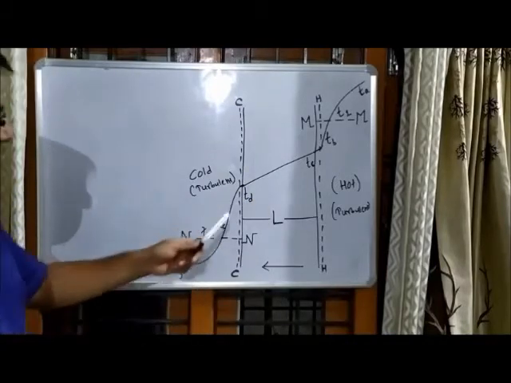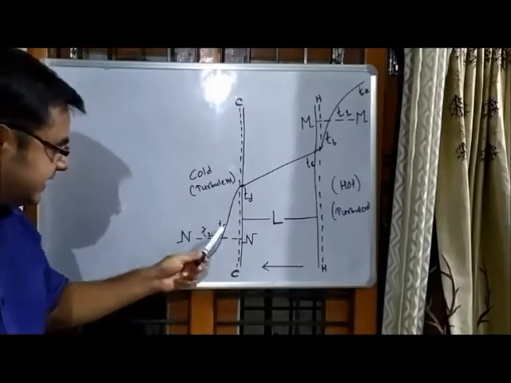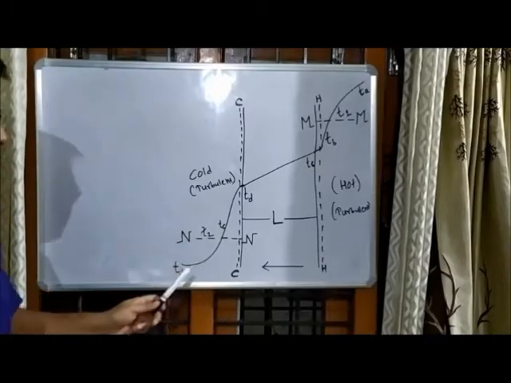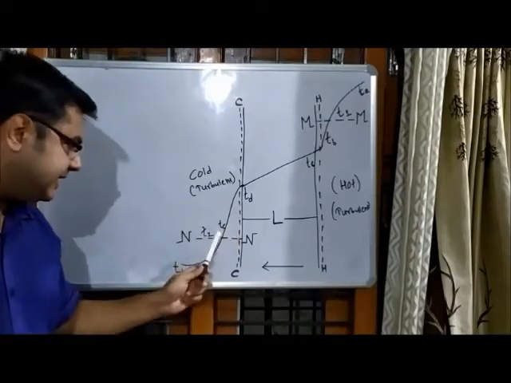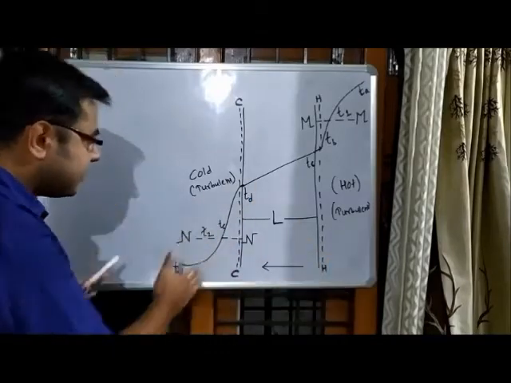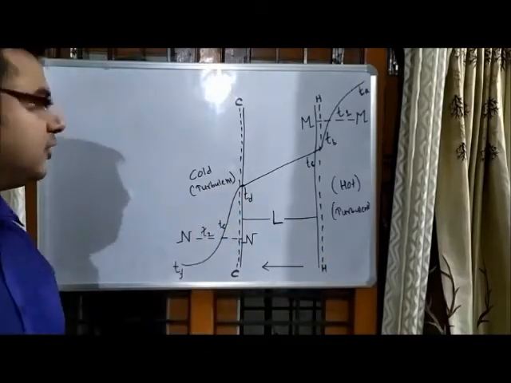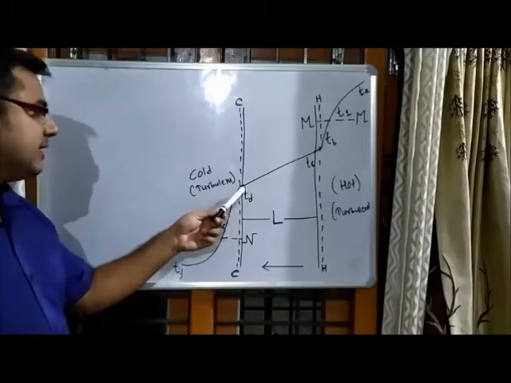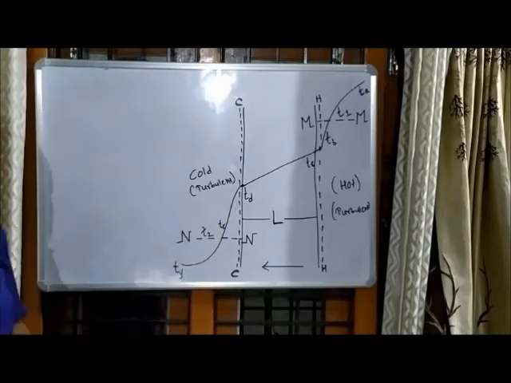Similarly, this temperature gradient TD, TE and TF shows the transfer of the heat from this metal to the bulk of the cold fluid.